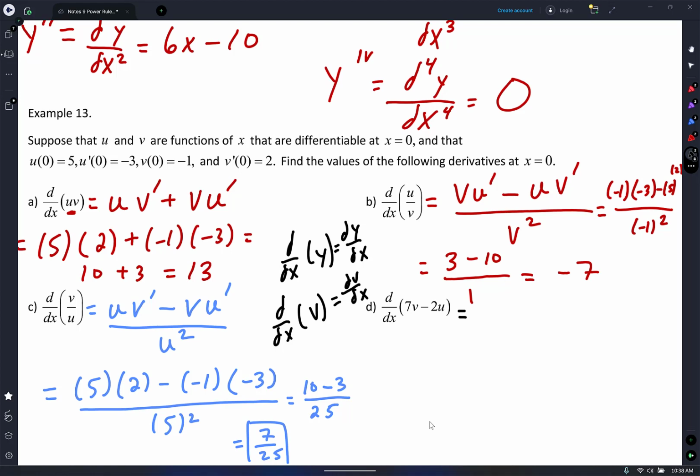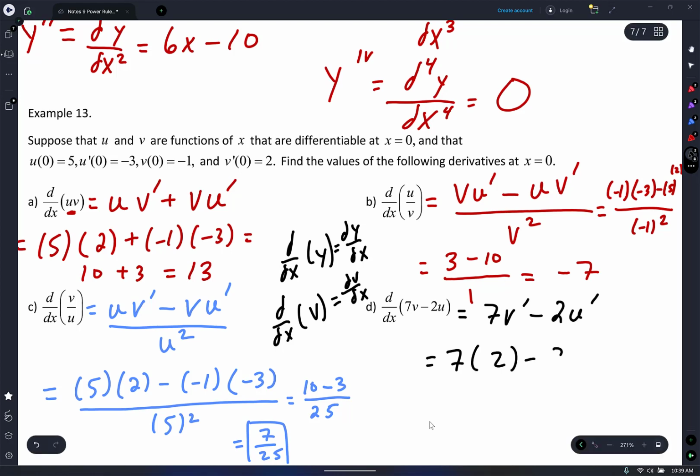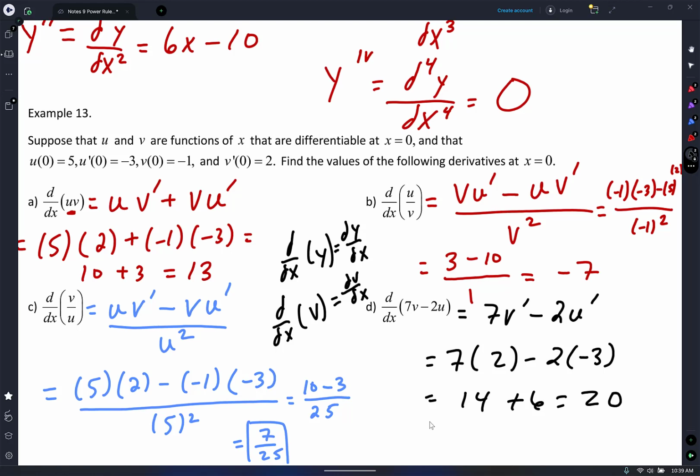It does not matter. 7v prime minus the derivative of 2u is just 2u prime. Yeah, 2u prime. Are we cool? Any questions on that, guys? Okay, here we go. 7 times v prime, which is 2, minus 2 times u prime, which is, let's see, 14 plus 6. Is that 20?